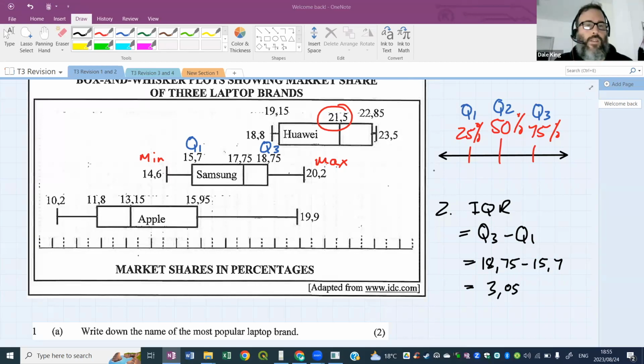So this person says that 75% of Apple's market share is below 16%. Is that true or not? Valid or invalid? Kagiso saying valid. 75% of Apple's market share is below 16%. True or not?